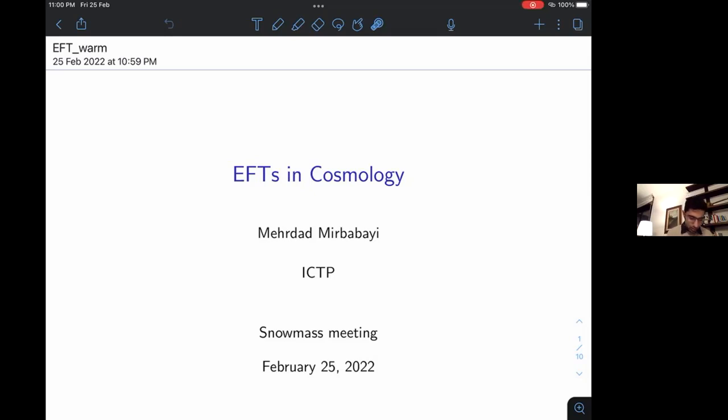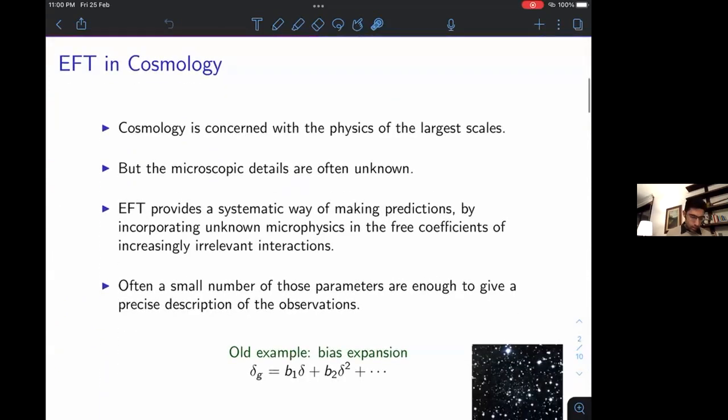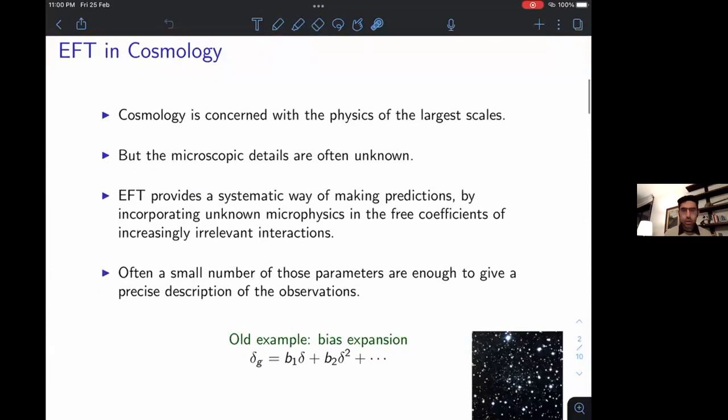So I'm going to talk about EFTs in cosmology and in particular about a particular application of this. In general, in cosmology, we are interested in studying very large scales, the largest possible scales in the universe. However, we are often ignorant about the macroscopic physics.